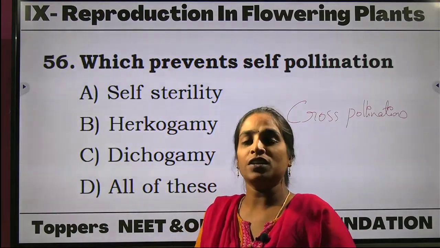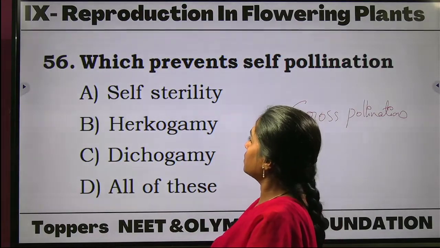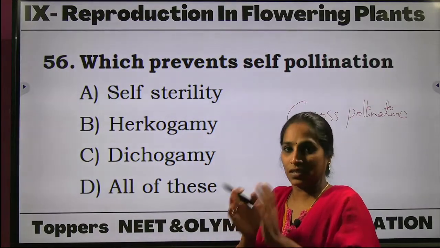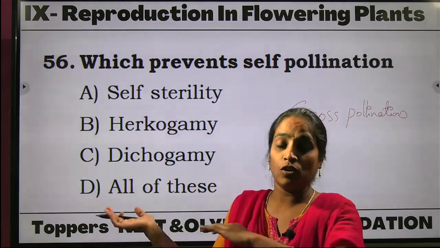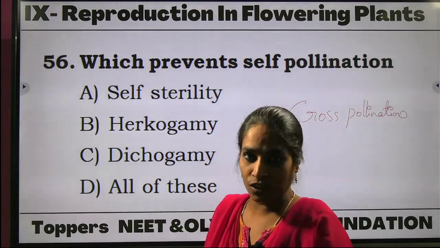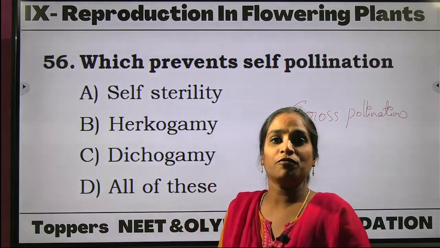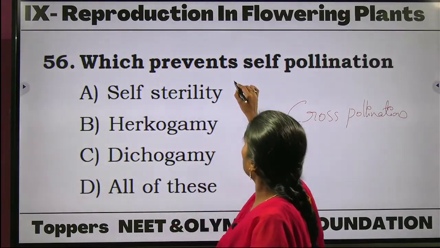In self-sterility, the same flower contains the male and female gametes, but there is no transferring of pollen, so no pollination occurs. These plants are nothing but hermaphrodites.